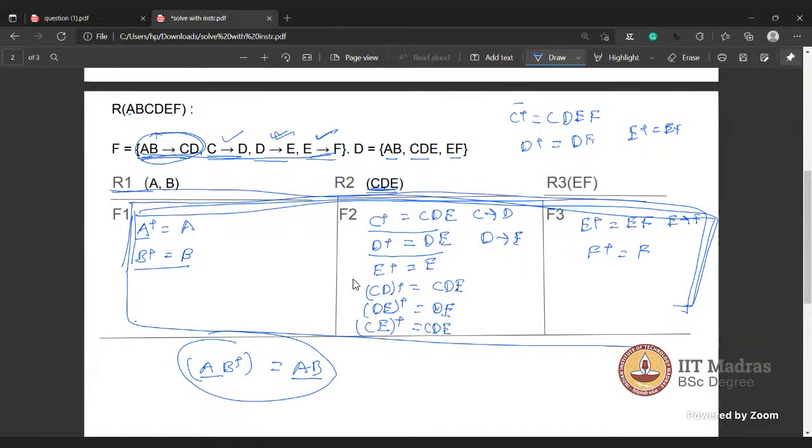So what will be the AB closure? AB closure will be only AB, not anything. We cannot see B determining or A determining anything in the other two. So this dependency is not preserved.